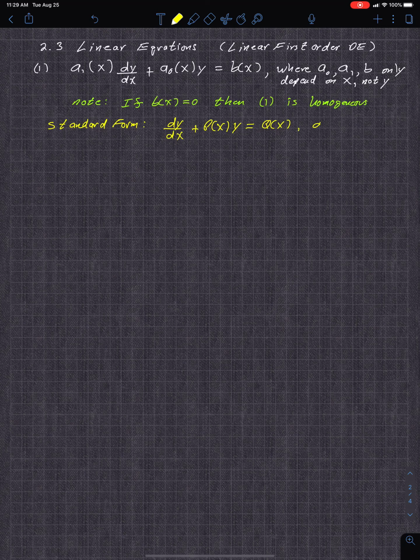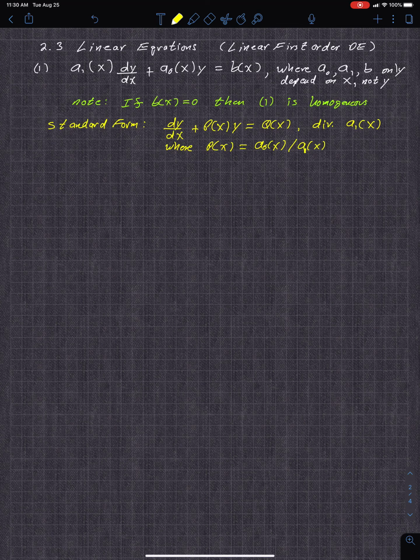To get that, you divide both sides by a1 of x, where P of x would be a naught of x over a1 of x.